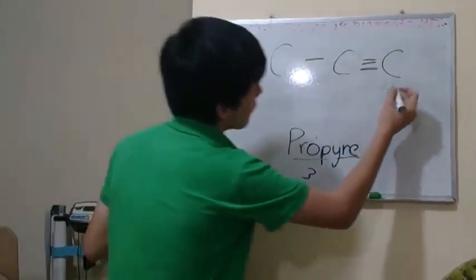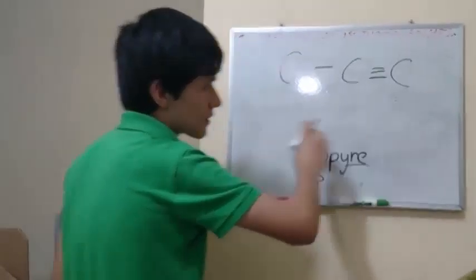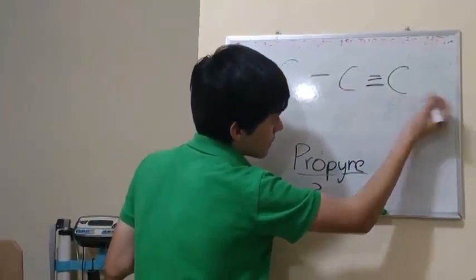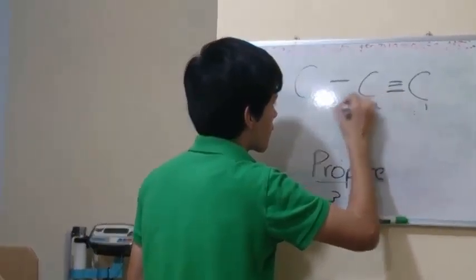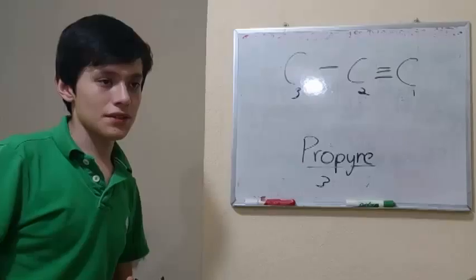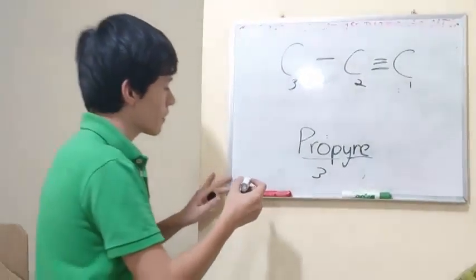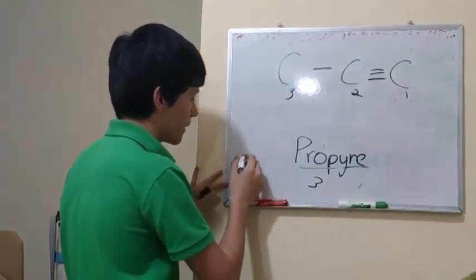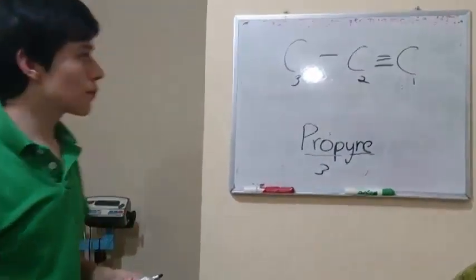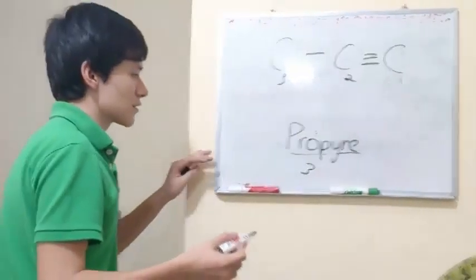So since we have the nearest bond to the right, we will start counting from this side. It's 1, 2, 3. So the last step is, once we see that we don't have any alkyl group like here or here, we just put the hydrogens where they need to go.